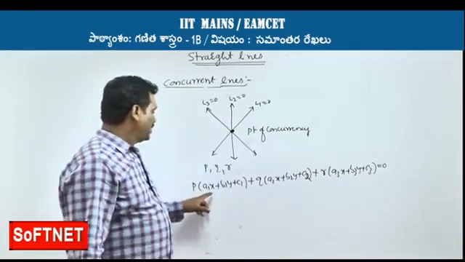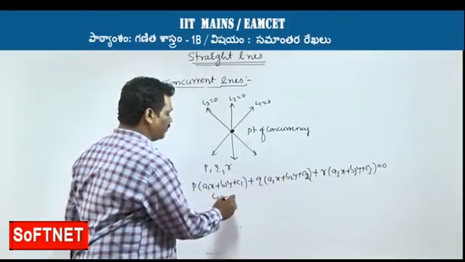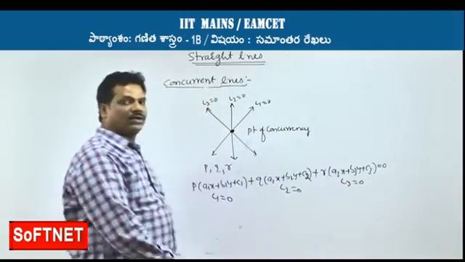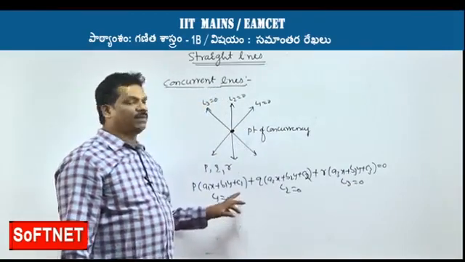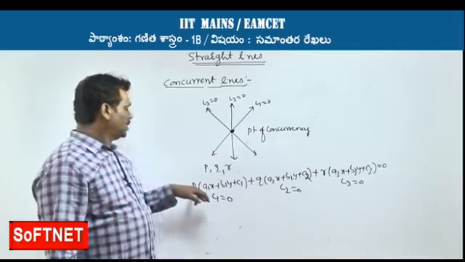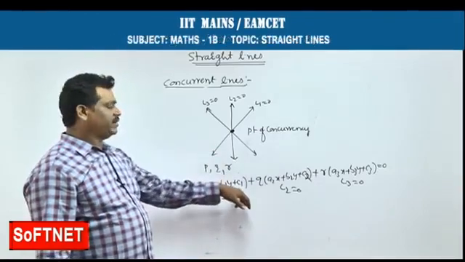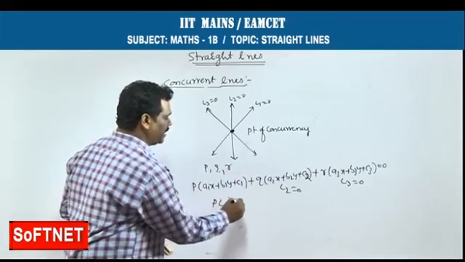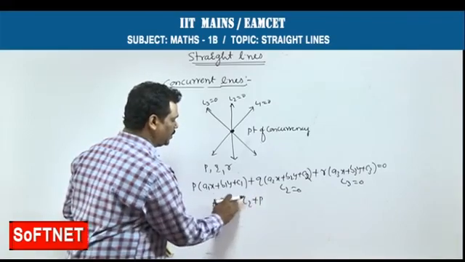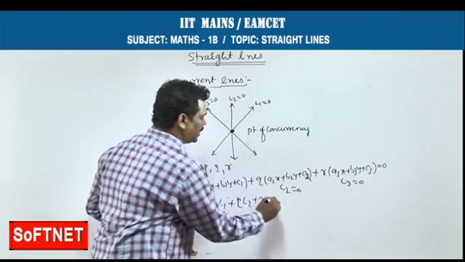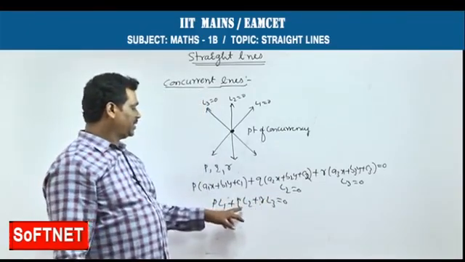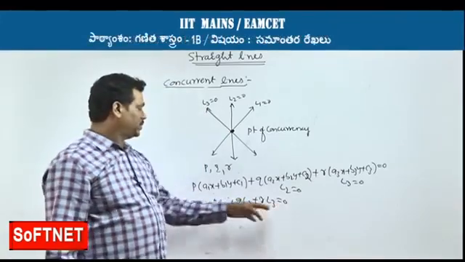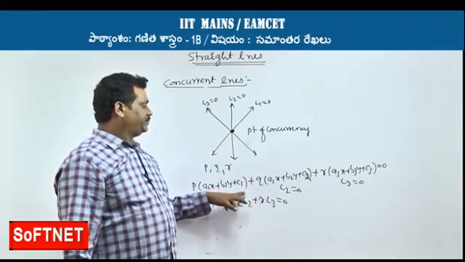Then the three lines L1 equal to 0, L2 equal to 0, and L3 equal to 0, no two of them parallel, are concurrent. The expression p into a1x plus b1y plus c1 is nothing but pL1, so it is in the form pL1 plus qL2 plus rL3 equal to 0 for all x and y.